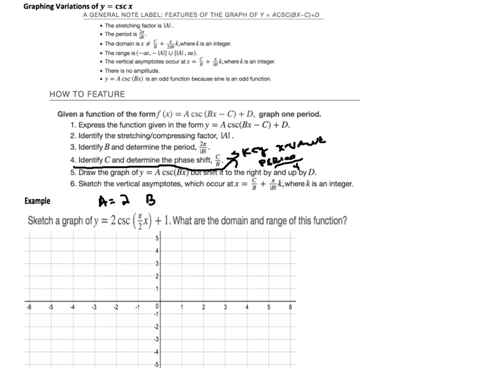So first let's identify our A, B, C, and D. A is 2, B is pi over 2, C is 0, and D is 1. Let's get the easy stuff out of the way. Our midline. My midline's at 1.